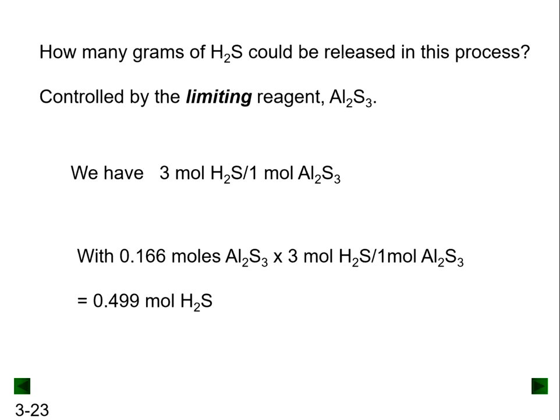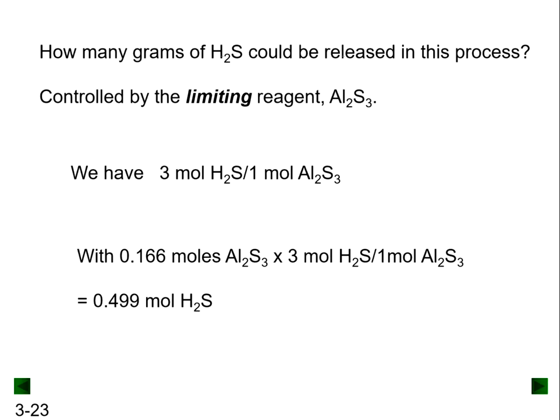We have to have 3 times as many moles of hydrogen sulfide. So our theoretical yield of hydrogen sulfide gas in this case would be 0.499 moles of hydrogen sulfide. That's 0.166 times 3. Now, the question asks us how many grams of hydrogen sulfide will be released. And so we need to convert moles into grams.